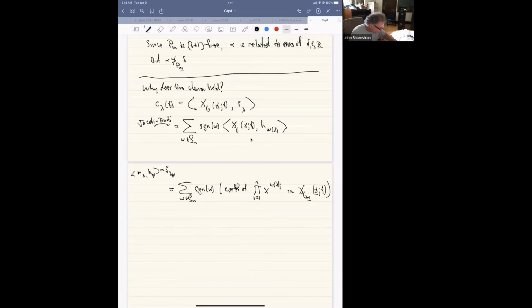And now we can just ask how we get this thing. I want to say this is the sum over all W in Sn of sign W, and now this is the sum over all kappa, and I'm just going to define a set on the run. This kappa W lambda, I'll tell you what it is. This is T to the descent of kappa.